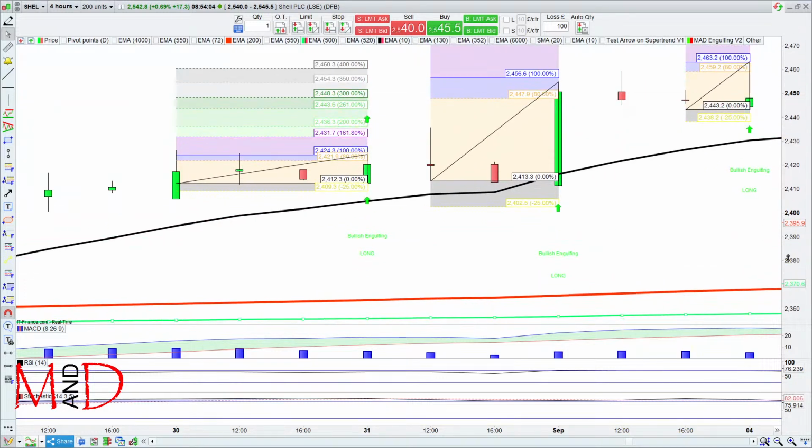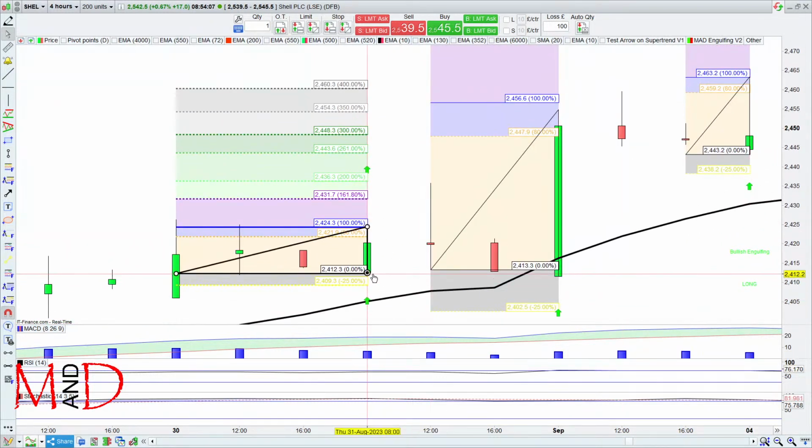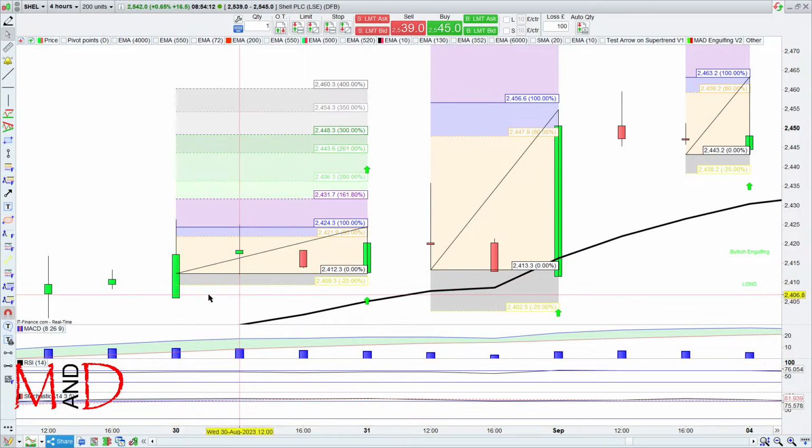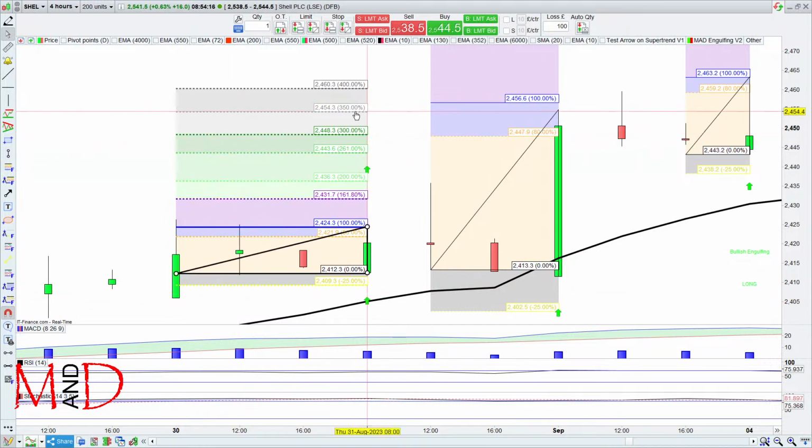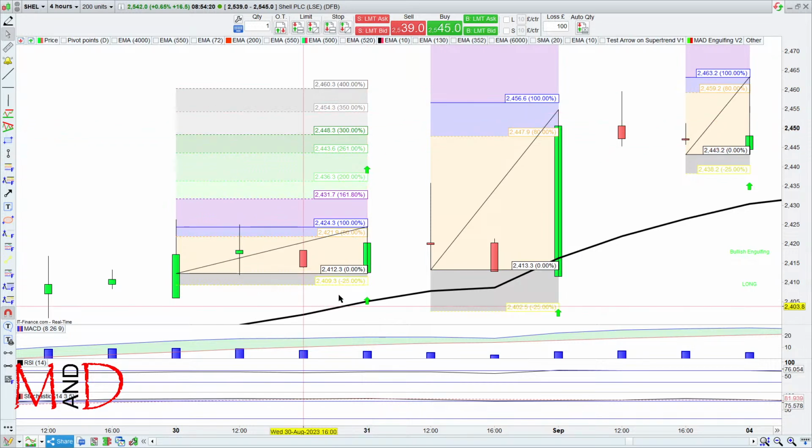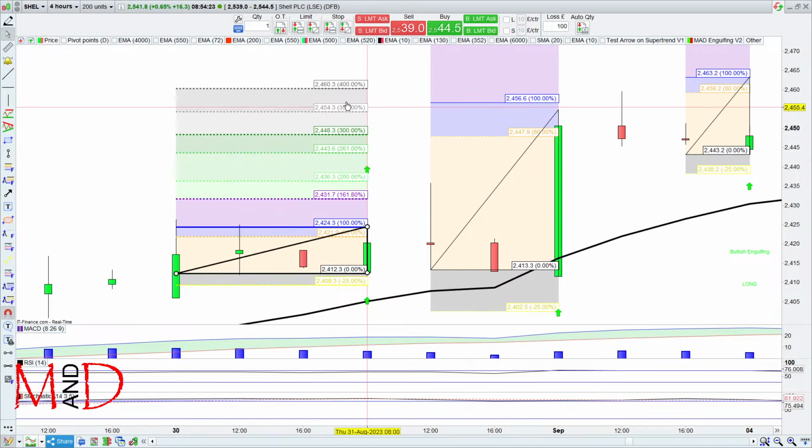Come on, I've got to zoom in a lot more on this. On shares, by the way, you have to go down to the -25 and reach for the 300 or 350. You've got to go a little bit higher. So let's say we had -25 as our stop and 350 as our take profit.